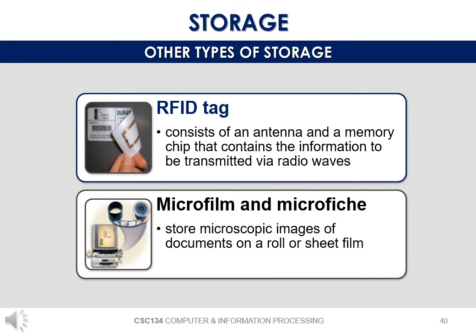Third is RFID tag. Consists of an antenna and a memory chip that contains the information to be transmitted via radio wave. And last but not least, microfilm and microfiche. Store microscopic images of documents on a roll or sheet film.